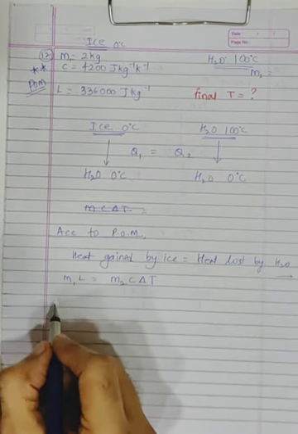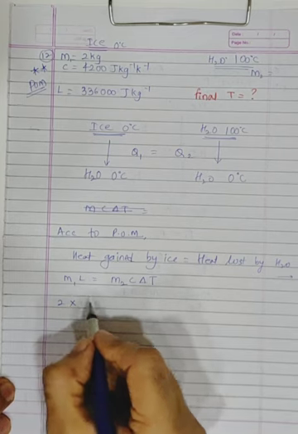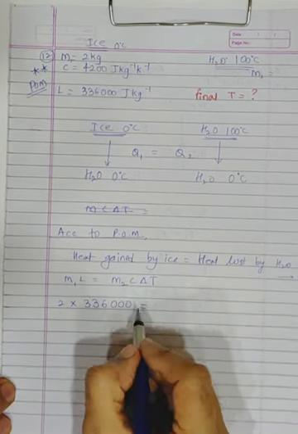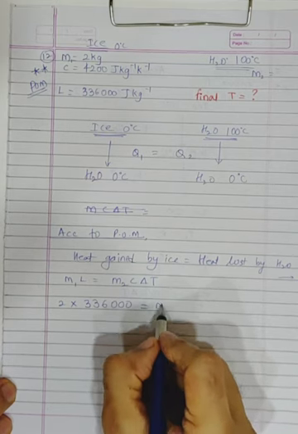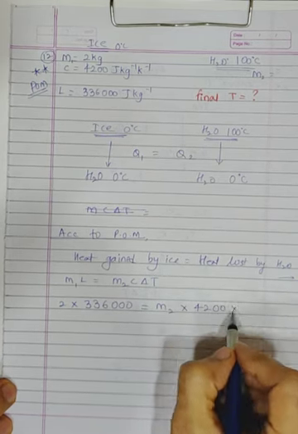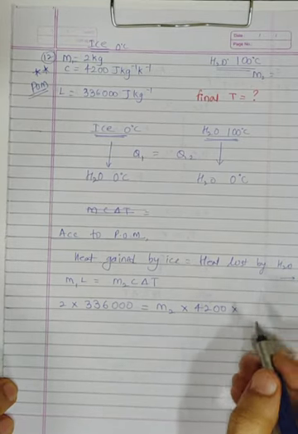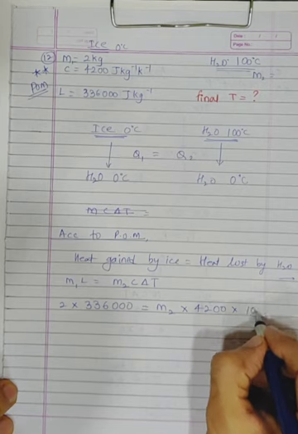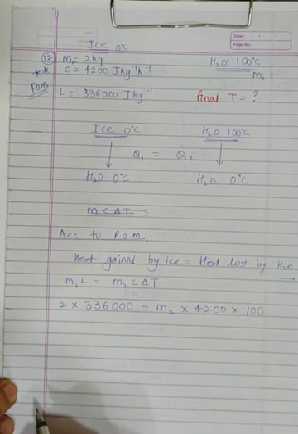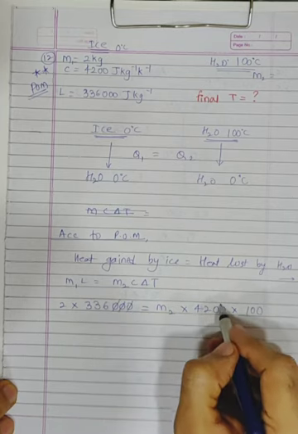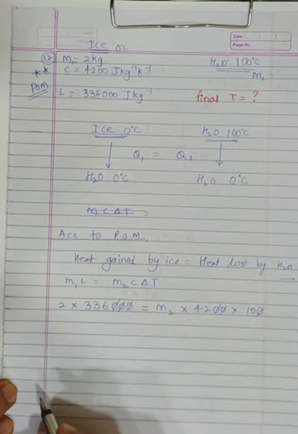Now let's put the values. M1 is 2 kg. L is 336,000. M2 we don't know. C of water is 4200. Delta T is the change in temperature, water 100 to water 0, so it is 100 degrees. Now we can cancel 1, 2, 3 zeros.